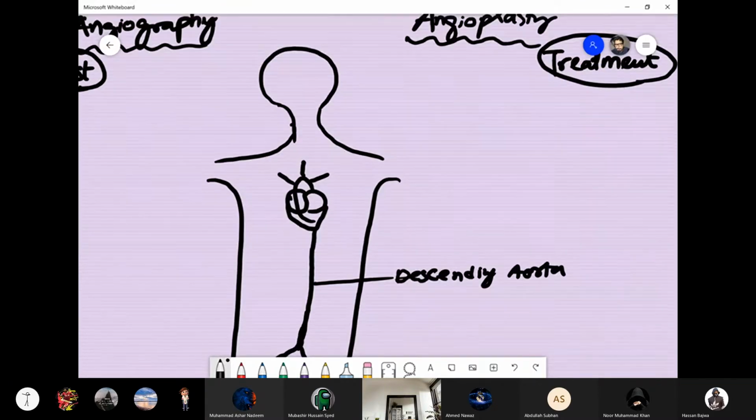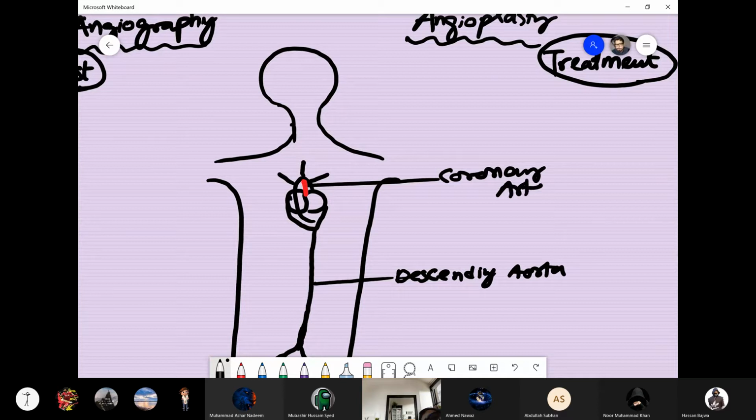Now another thing, if you remember, I taught you last time that there is this coronary artery. And I also taught you that this coronary artery divides into the right and left coronary artery as well.